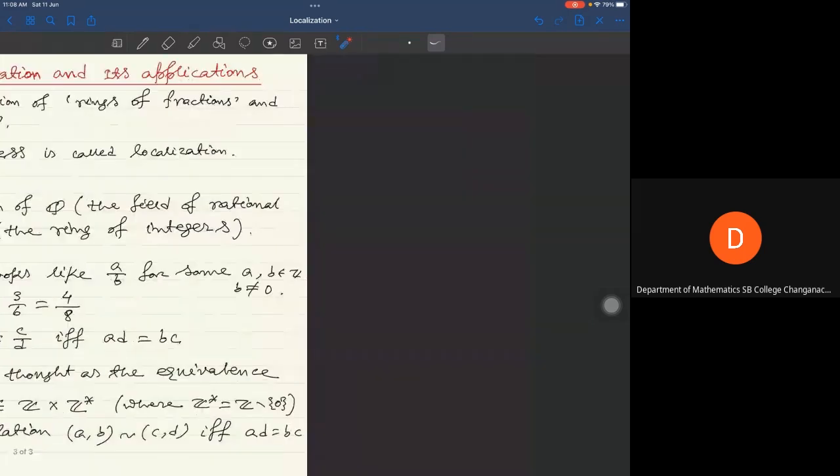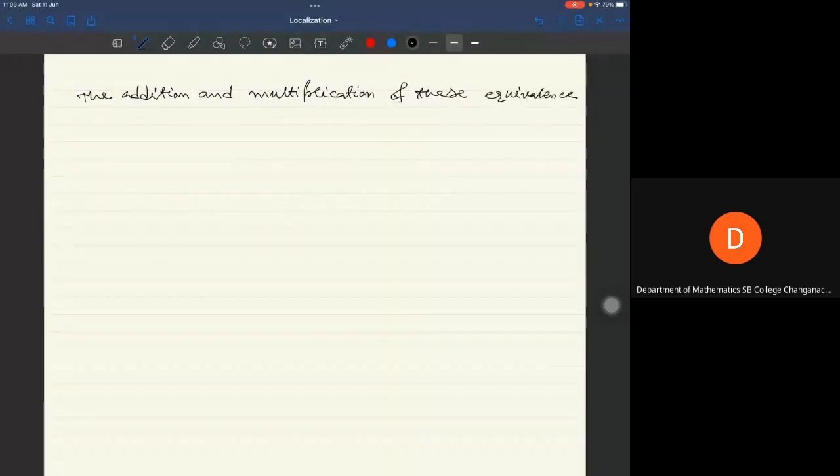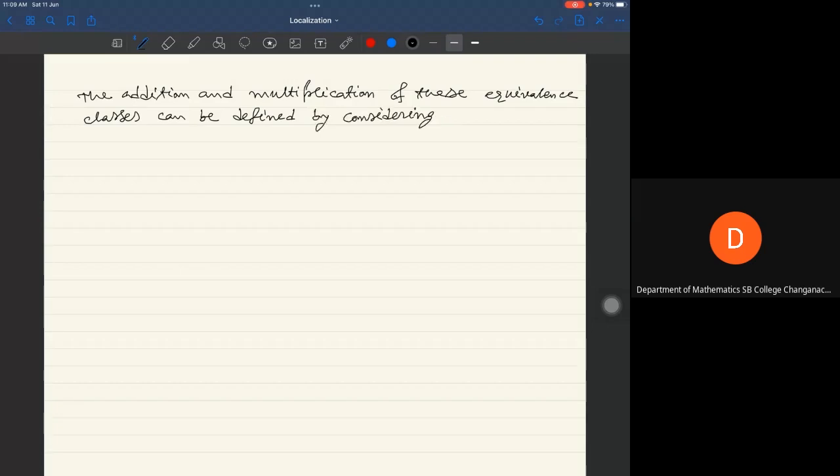And then the addition and multiplication of these equivalence classes can be defined by considering any representative in the obvious way.